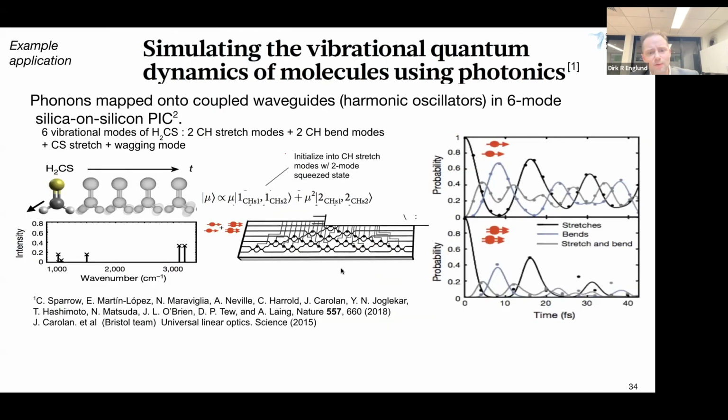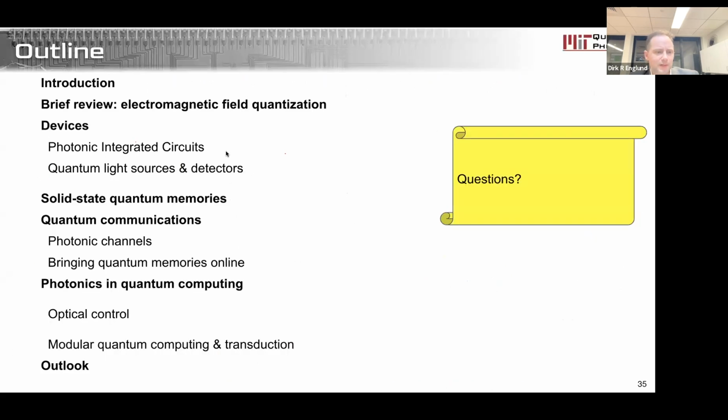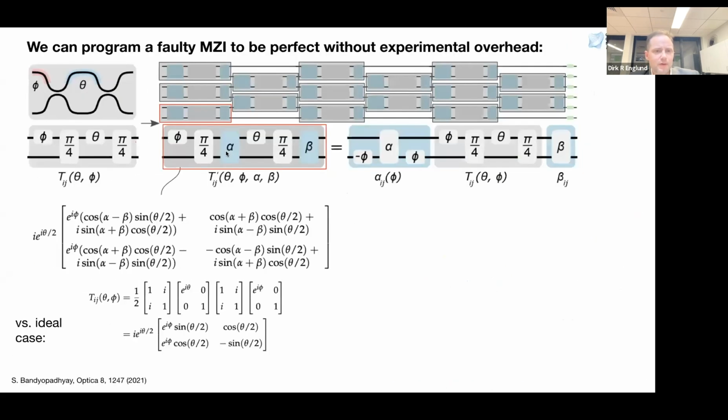This is interesting for some initial quantum work, like this work here, which was a proof of principle work towards simulating the vibrational quantum states of molecules, but this doesn't yet give an actual practical advantage. It's kind of showing what might be if you could have larger systems.